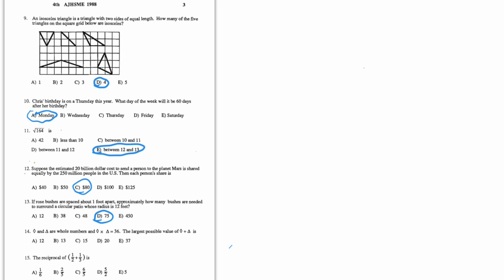Number 14. Diamond and triangle are whole numbers, and diamond times triangle equals 36. The largest possible value of the diamond plus the triangle is. Now we find the factors of 36. So 1 times 36. 36 is divisible by 2, so 2 times 18. 3 plus 6 is 9, so divisible by 3, 3 times 12.